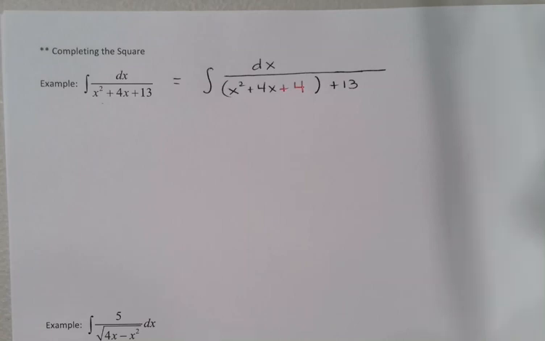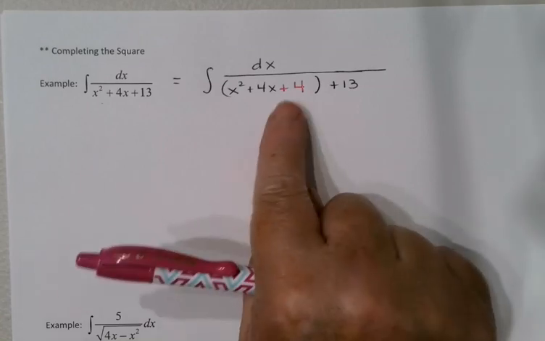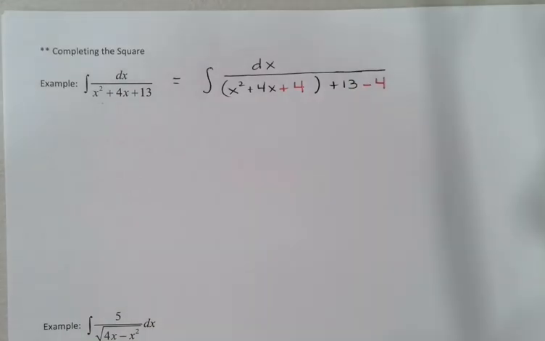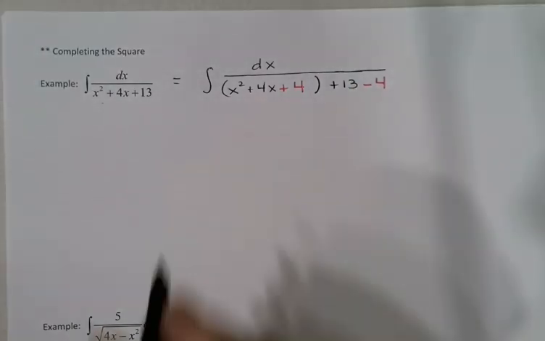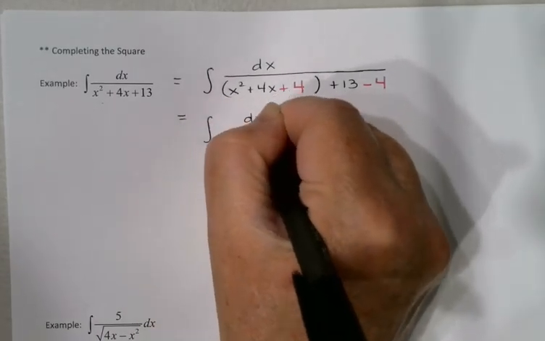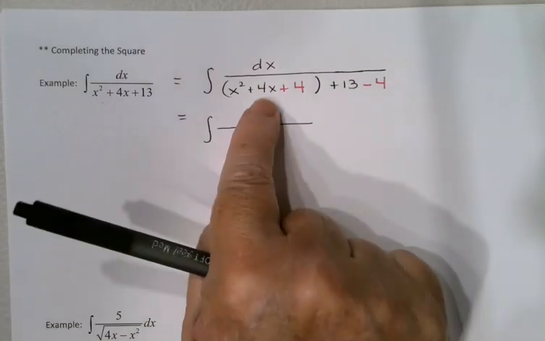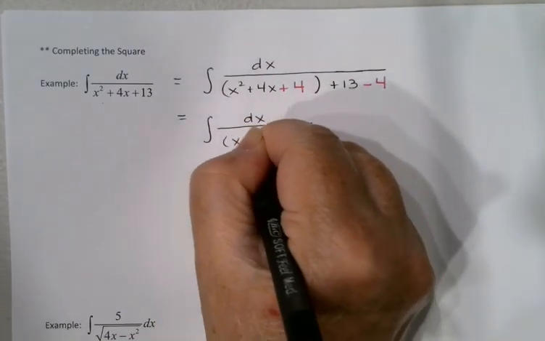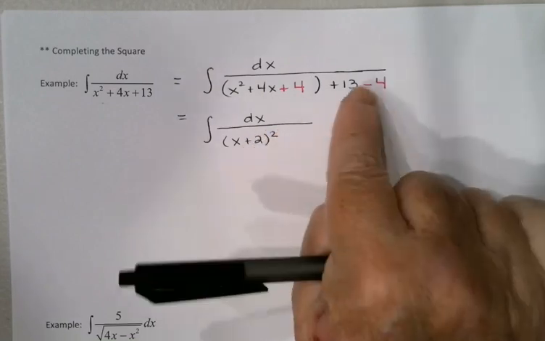Now I can't really change my value, so if I add 4, I also have to subtract 4, so that I haven't really changed the value of my denominator. This is now x plus 2 squared plus 9.